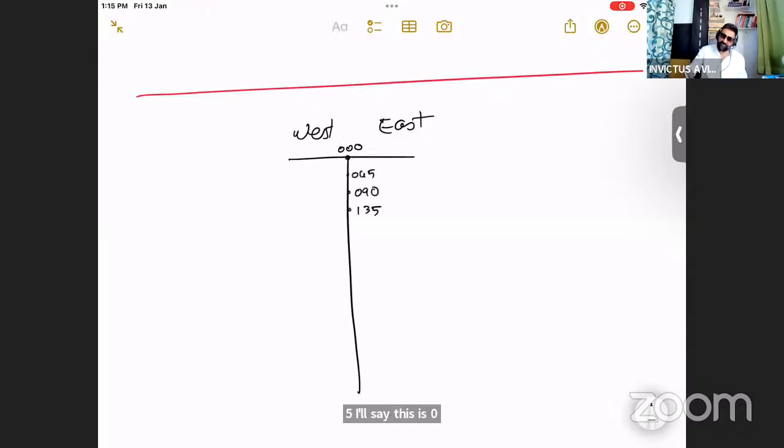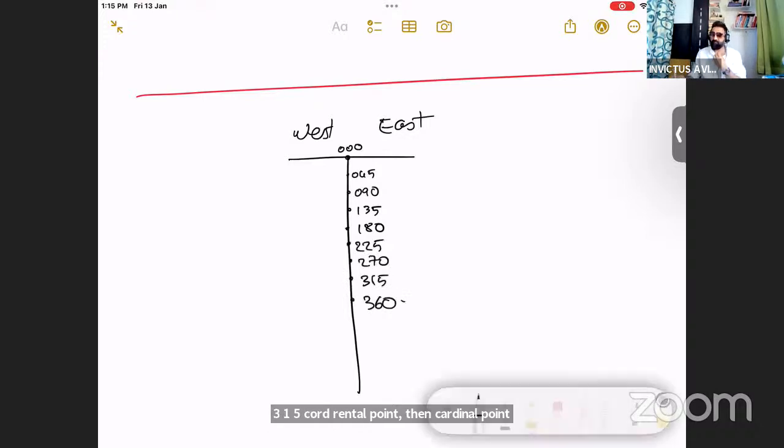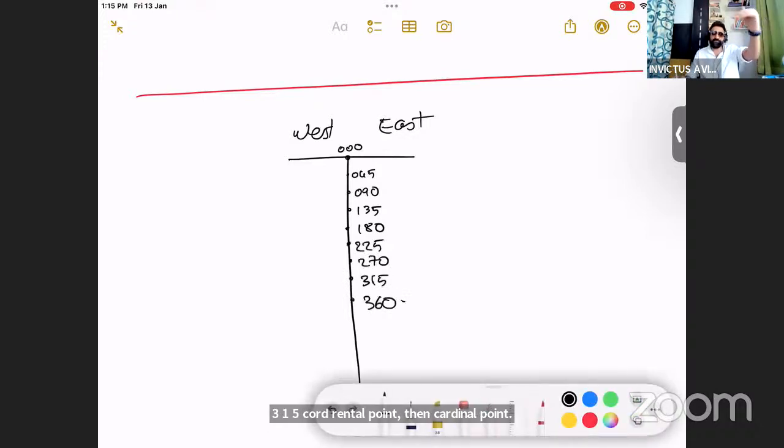Let's see if you understand this. Not forcing you all, but this can be understood when I'm explaining this. And then after 180, you will have what? 225 quadrantal point, then 270 cardinal point, then 315 quadrantal point, then cardinal point. So when your heading goes from 000 to 180, this is how your value of deviation is plotted.